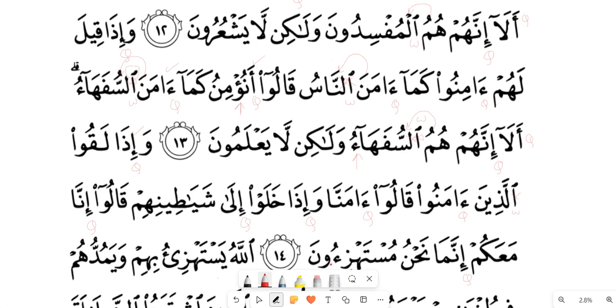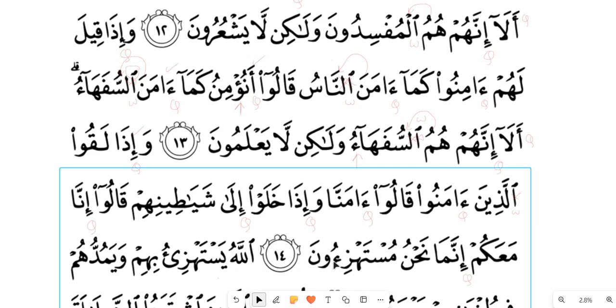Why is it taking this shape? It is just because of the difference in the types of script, because Quran is written in six different scripts. So this Osmani script is one of the scripts, and this is just the difference, and that's why it's coming in the shape of hamza here.